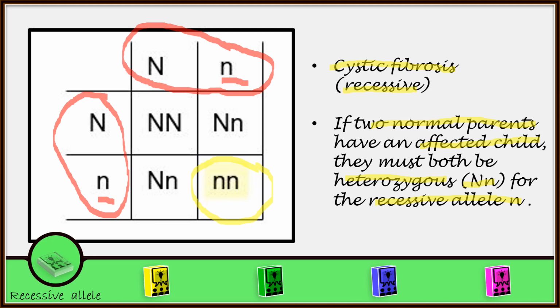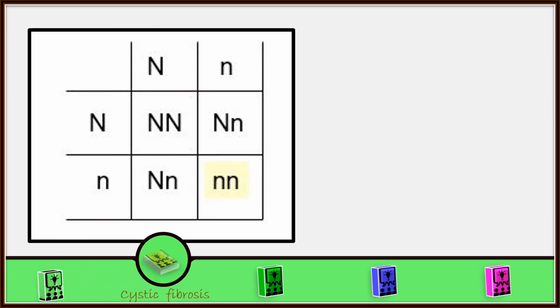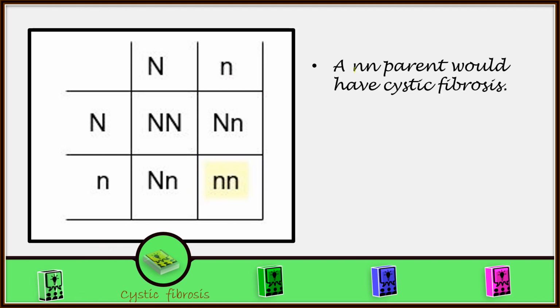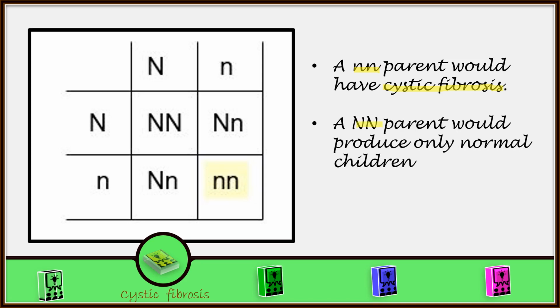That is when they are able to produce a child who has cystic fibrosis. An nn parent would have cystic fibrosis. A capital N, capital N parent would produce only normal children.